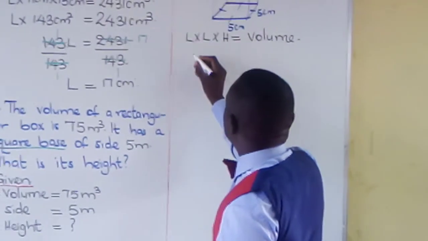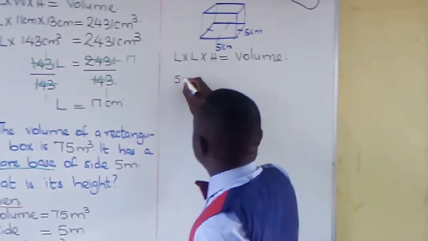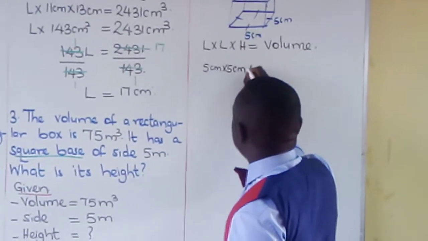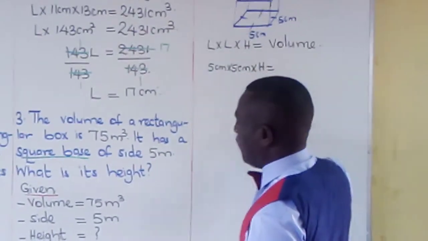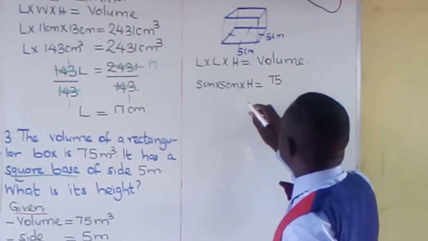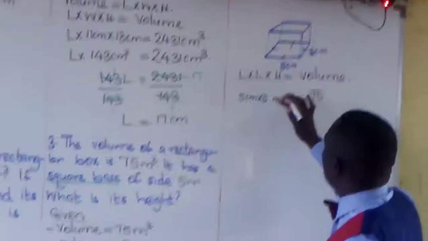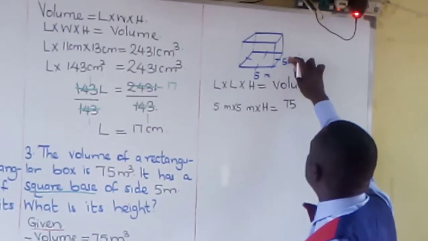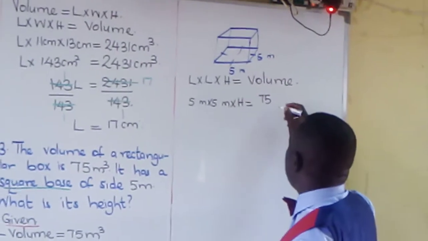Now our length here is 5 meters times 5 meters times height is equal to the volume, which is 75. Sorry, it's meters, not centimeters. I beg your pardon.